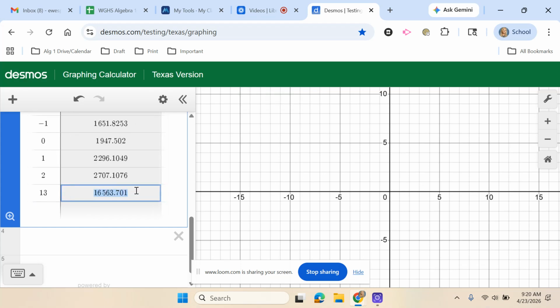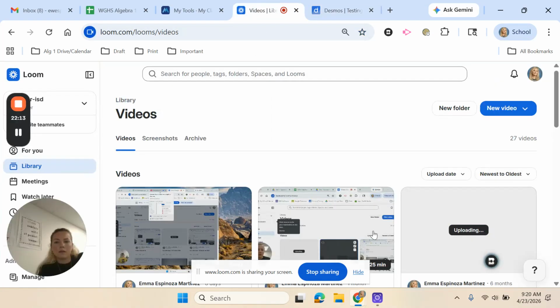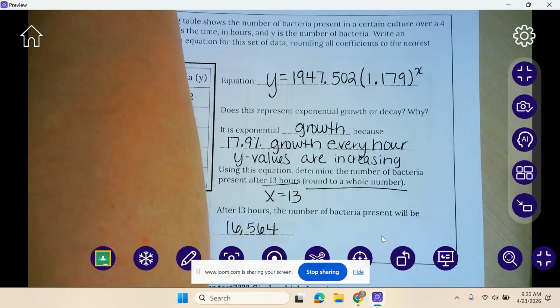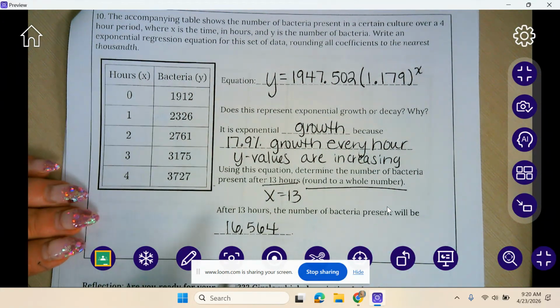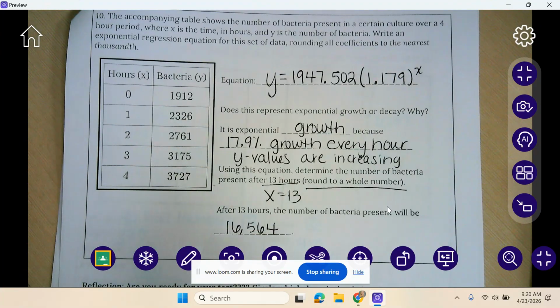So I have, rounding to the nearest whole number, 16,564. Any questions on that one?